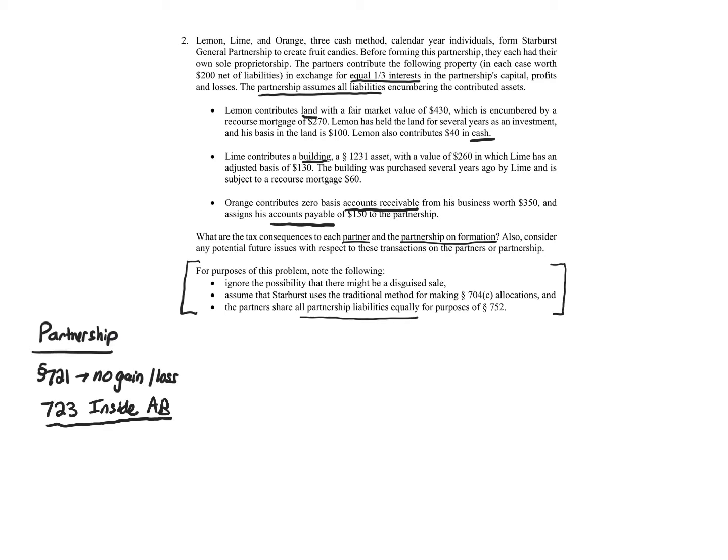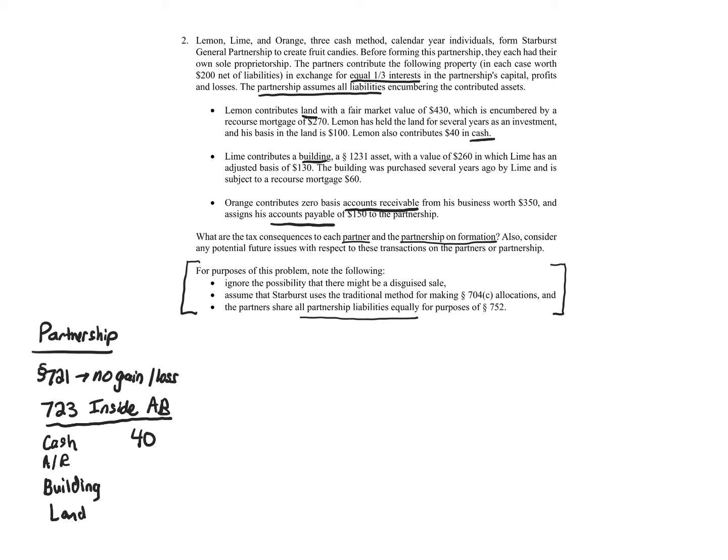But for purposes of section 723 inside basis, the partnership's going to take the cash, the accounts receivable, the building, and the land. It's going to carry over the bases of those items.